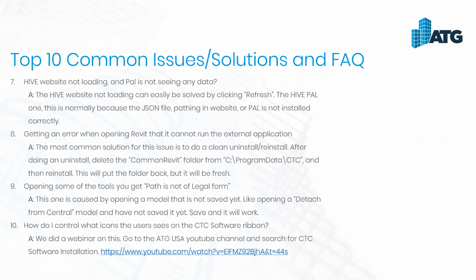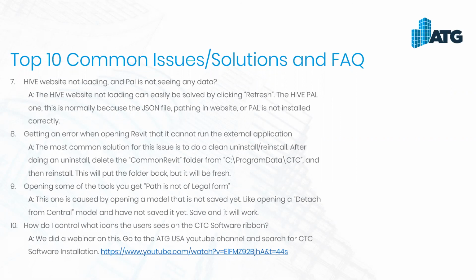Some of the common reasons are something preventing the installation from happening fully, such as antivirus or security software, or maybe you need to run the installation as admin so it puts the files where they need to go. However, some of those may not be in play and it wouldn't have an issue, but still the installation had some kind of impact. We recommend the first step is to do a clean uninstall and reinstall.